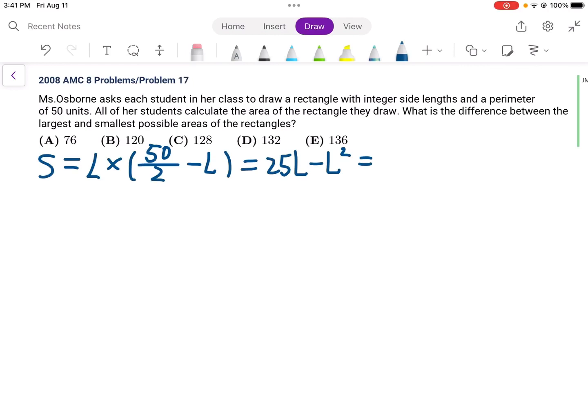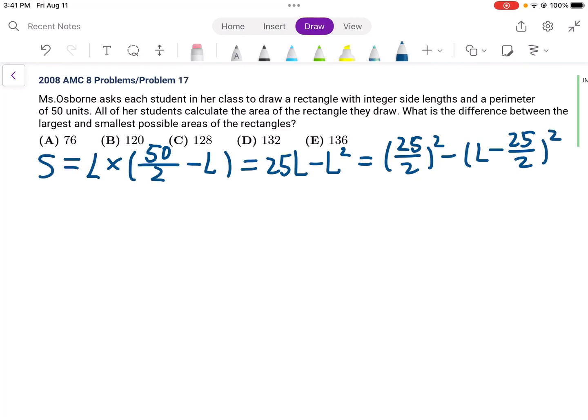And we can further write this into negative (L subtract 25 over 2) parentheses squared, plus (25 over 2) squared.